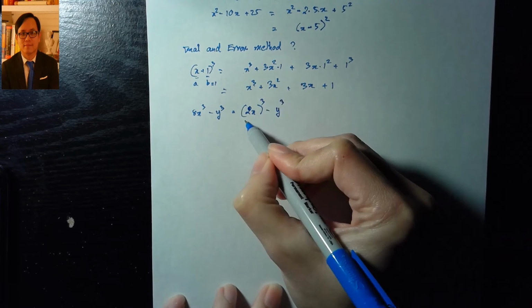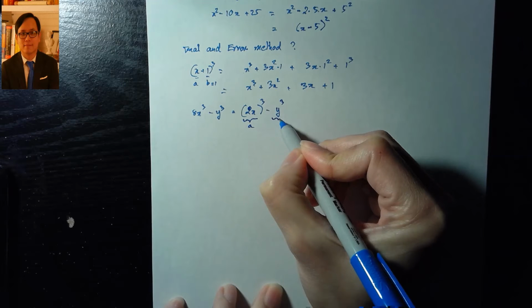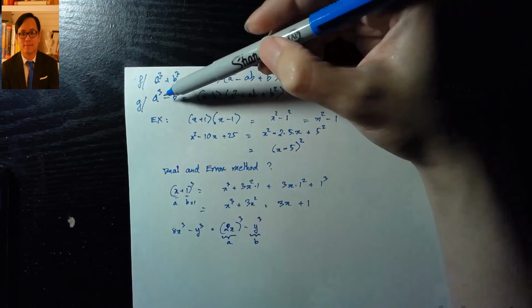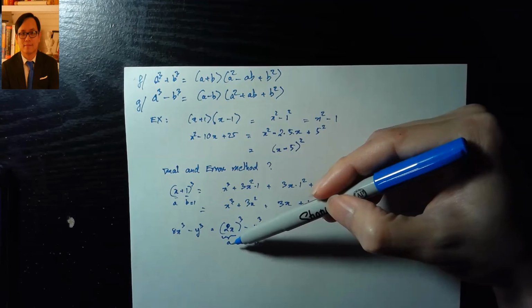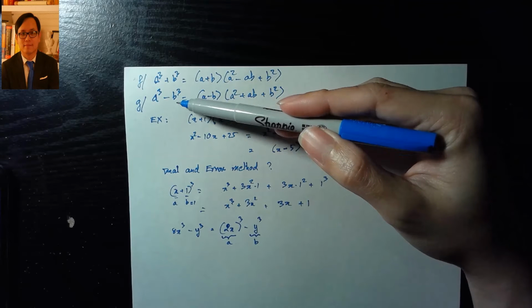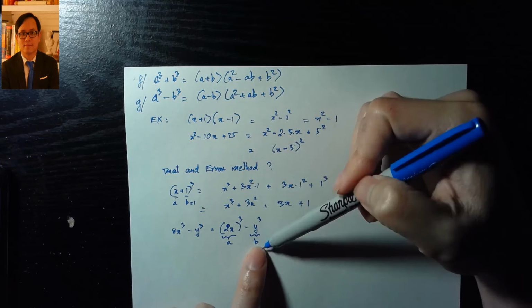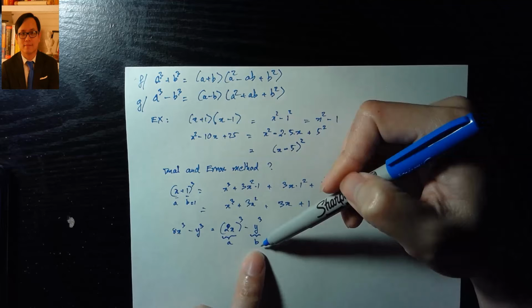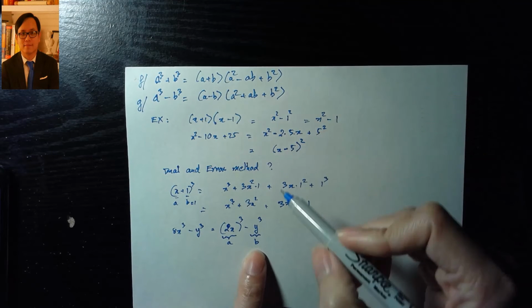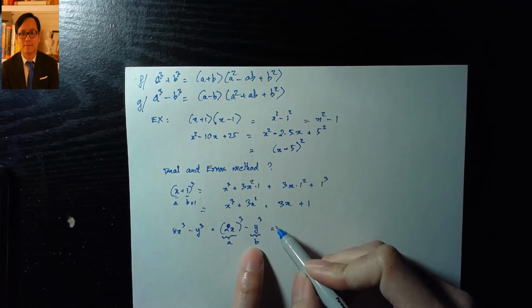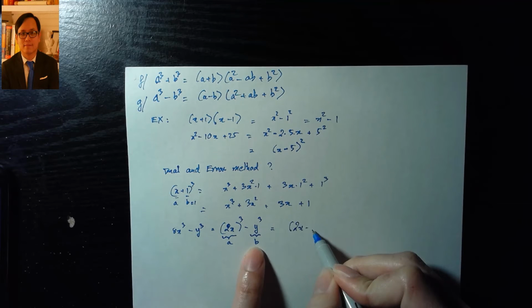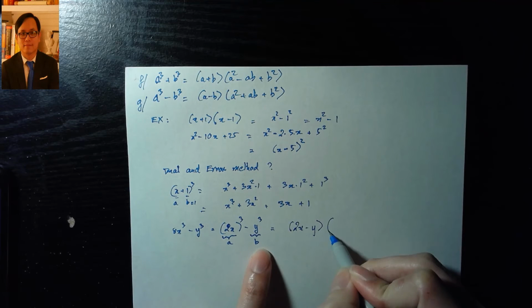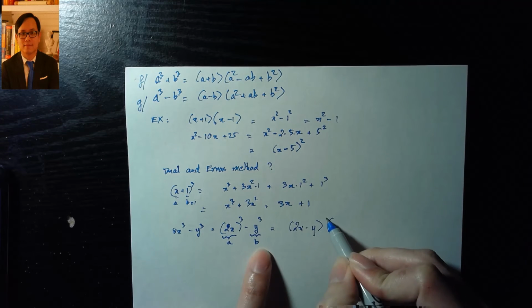So this is your a, this is your b, and you see that if I apply the last formula here, your a is basically 2x, and the term y is basically b. Okay, so here it is a minus b, right? 2x minus y, times 2x squared.